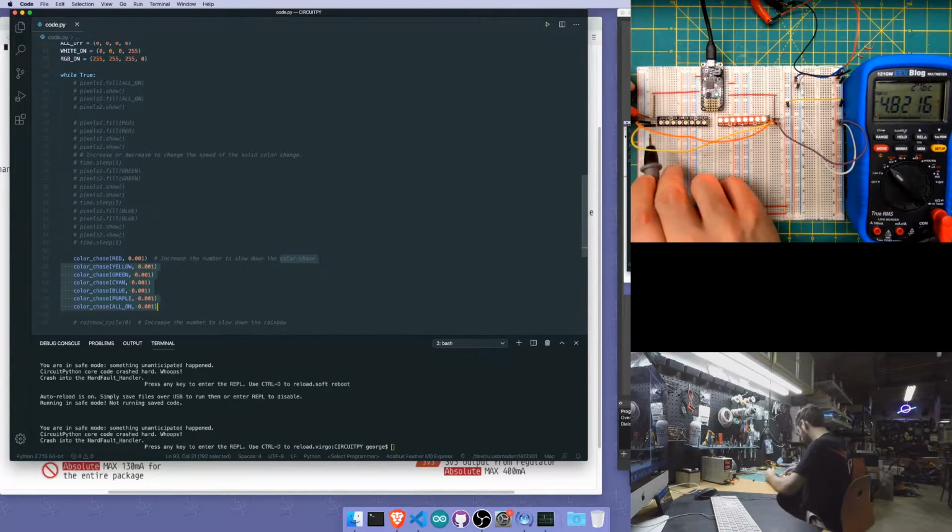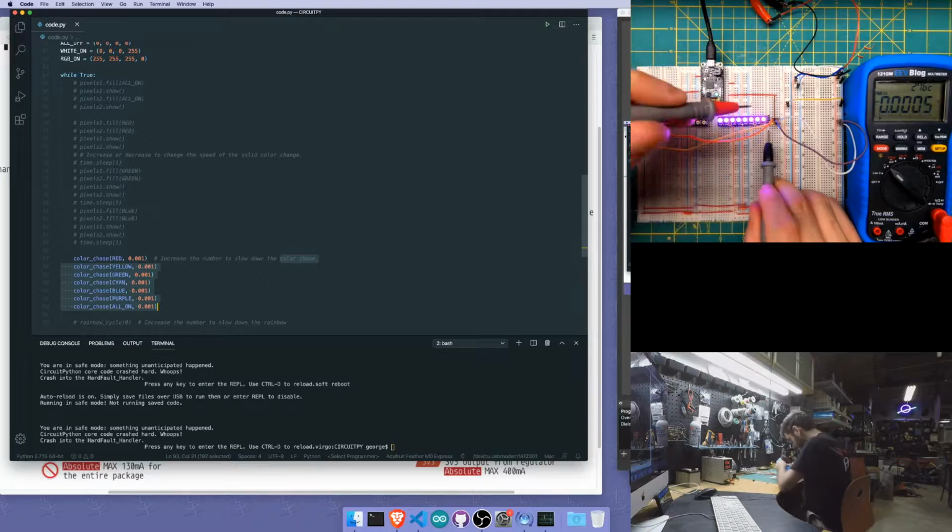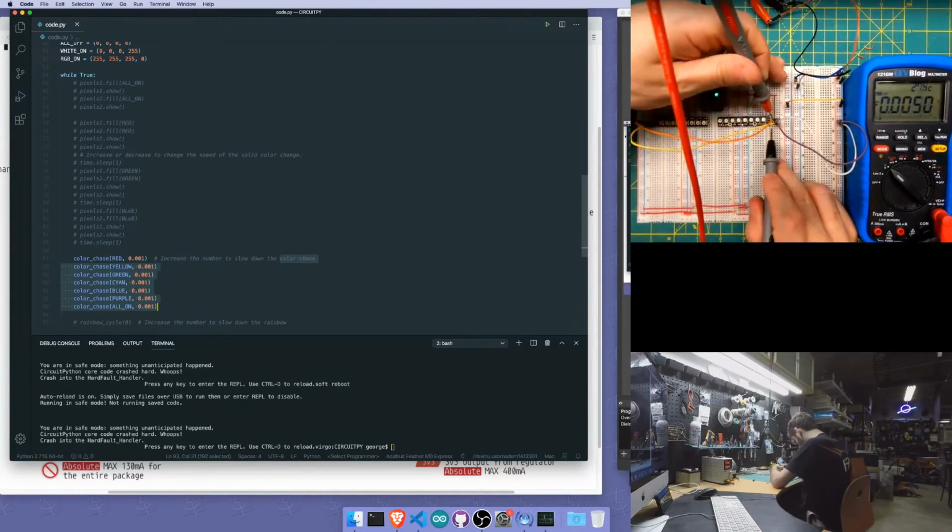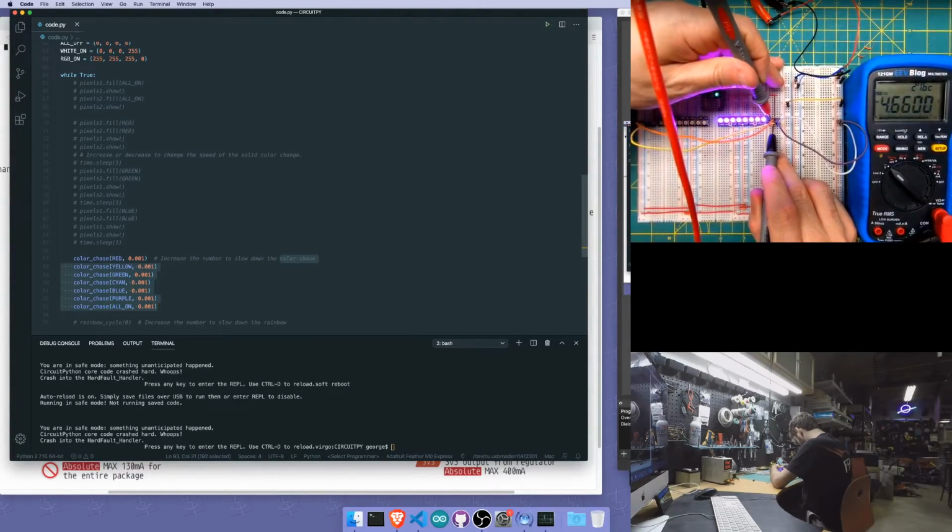And there's like almost 5 volts coming in. And here as well.